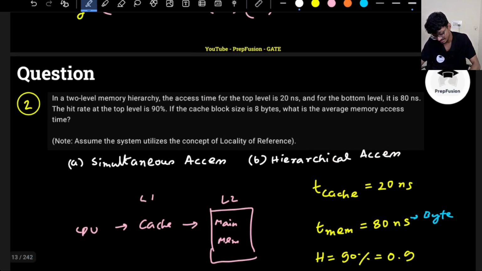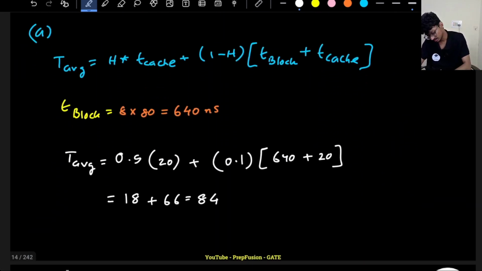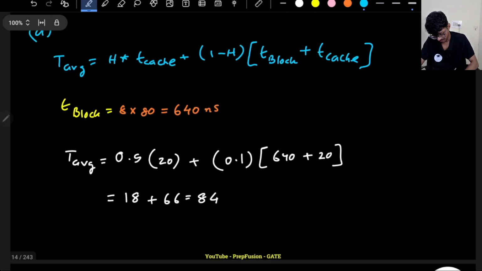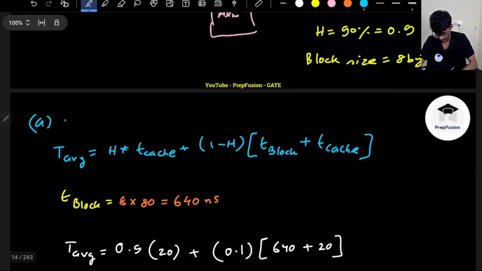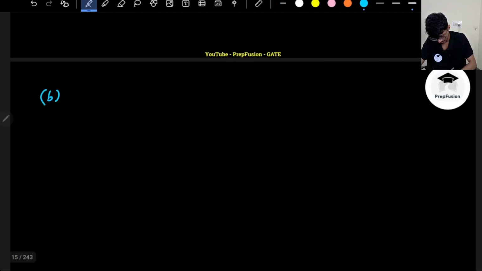Now what if it is hierarchical access? If it is hierarchical access, that is the B part. This was for the simultaneous access. Now let's do it for the hierarchical access.